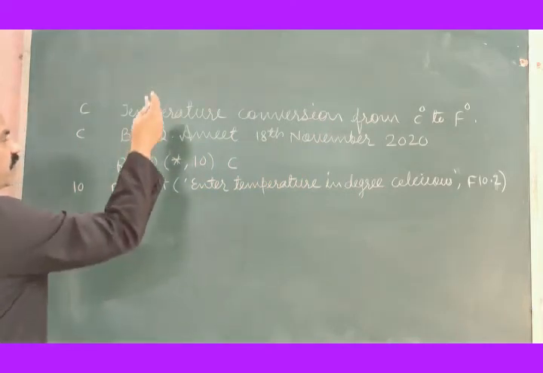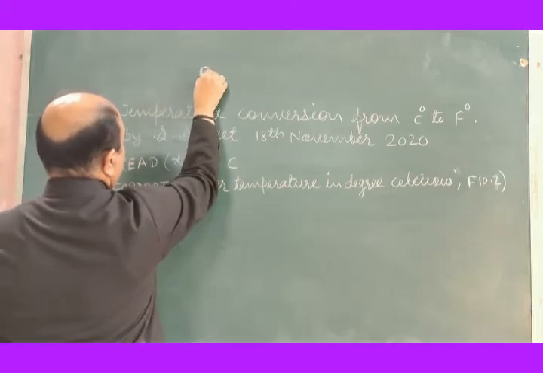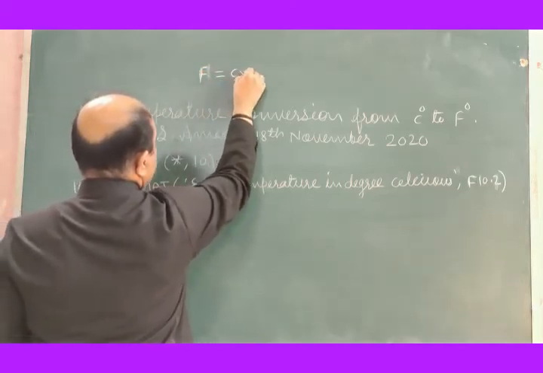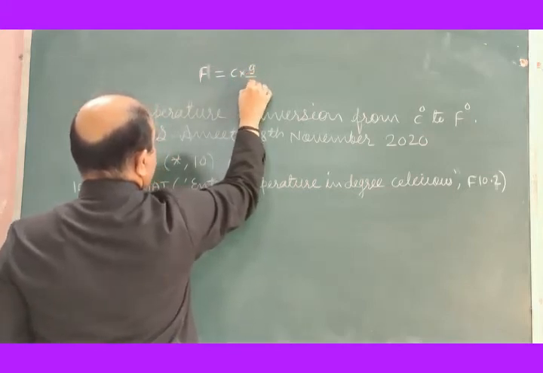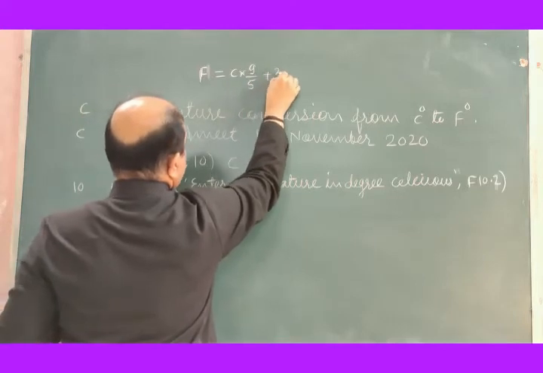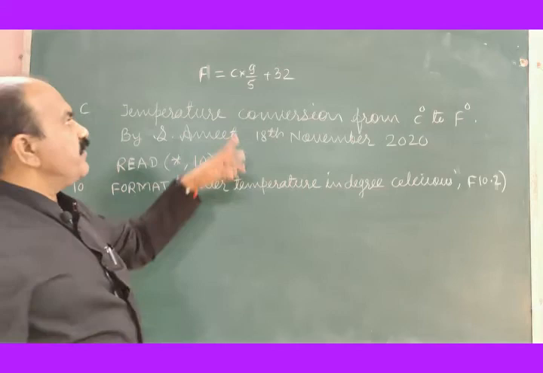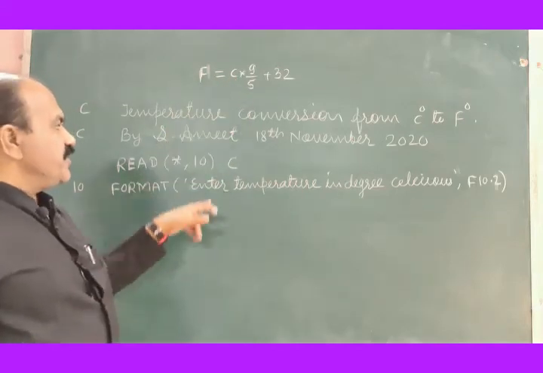Now what is the formula for conversion? Fahrenheit temperature is equal to C into 9 divided by 5 plus 32. This is the general formula for conversion of temperature from degree Celsius to degree Fahrenheit. Let us use this formula here.